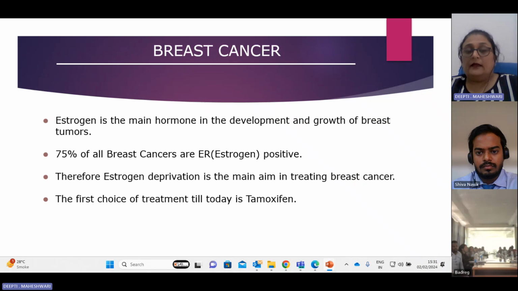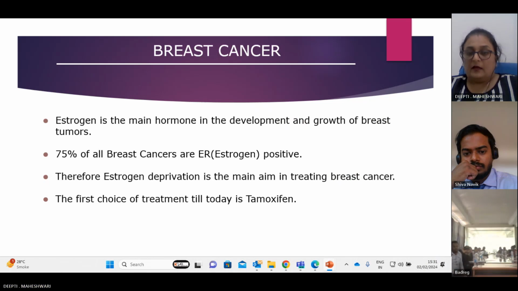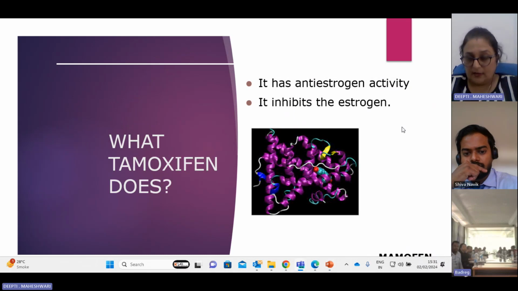And till today, if a patient is ER/PR positive or ER positive, the first line of treatment will be tamoxifen. The first treatment, or the drug of choice today, is also tamoxifen. Now, what does tamoxifen do? It has anti-estrogen activity.